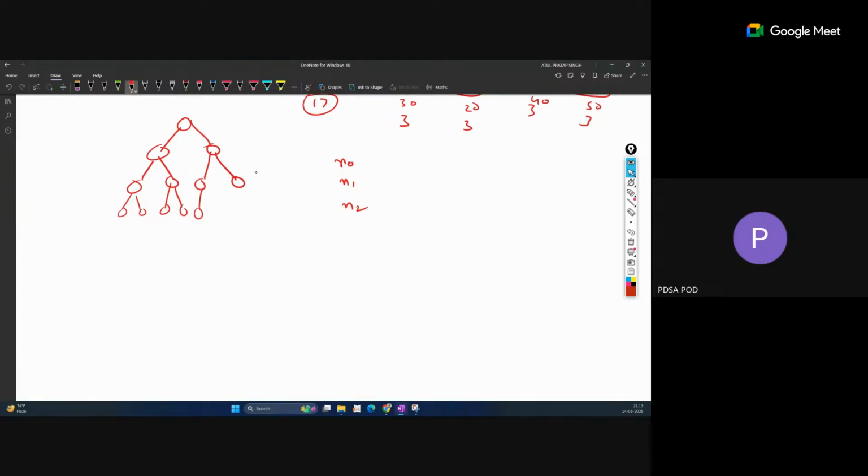I think it is clear how we get these three categories, and this is possible only because this is a binary tree. Now we have total number of nodes n, correct?